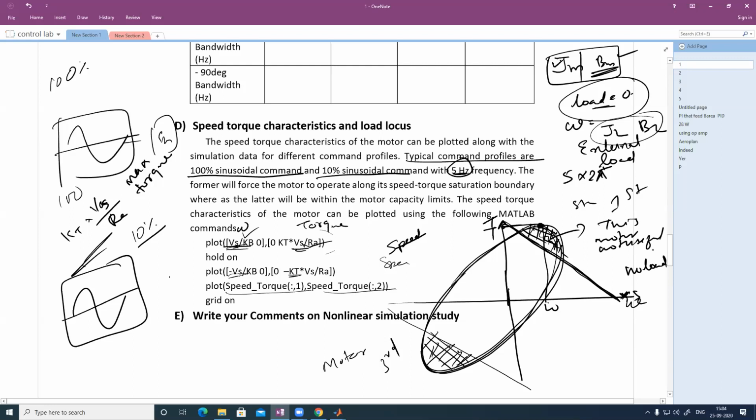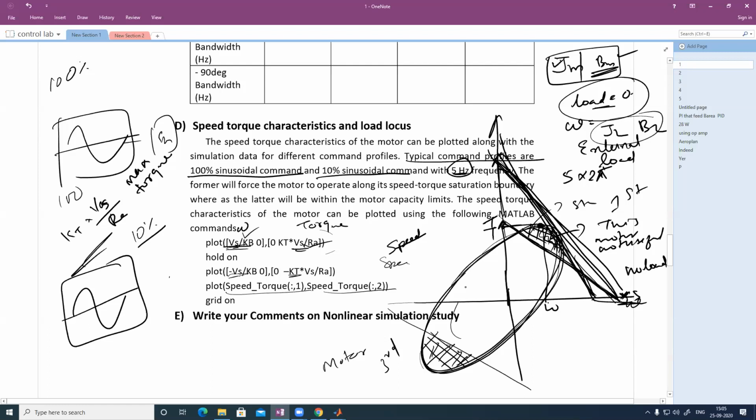So you have to choose some other motor, whose load locus will be something like this. Sometimes you will not require this much speed also. So a load locus like this will also work. It is accommodating the entire requirement of ours in this load locus. But our load locus is now this one.